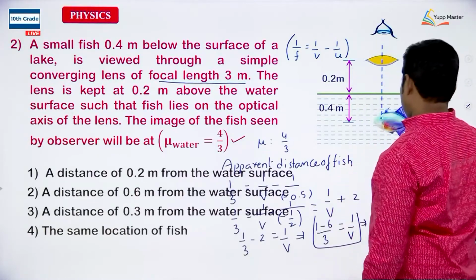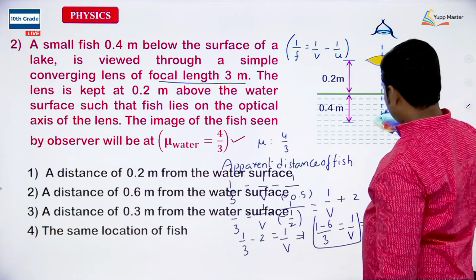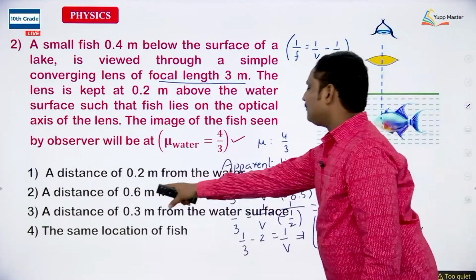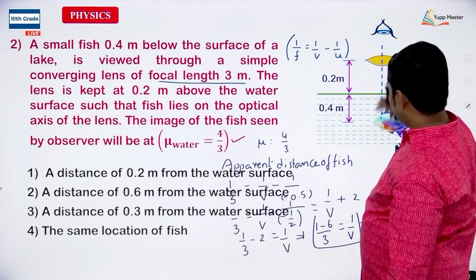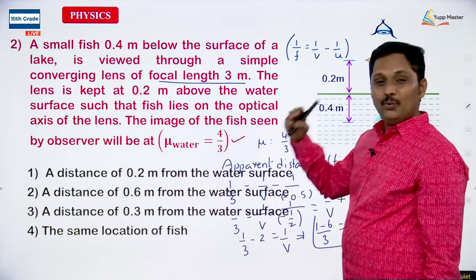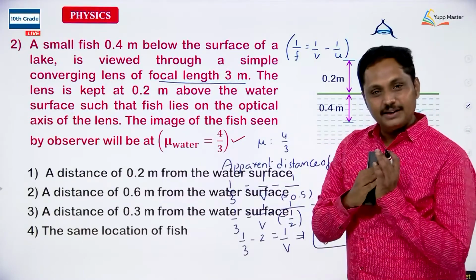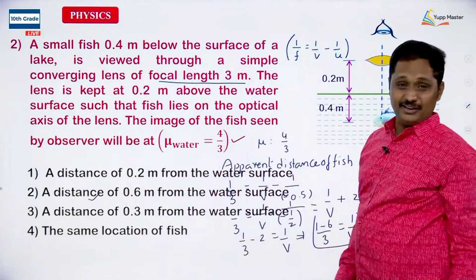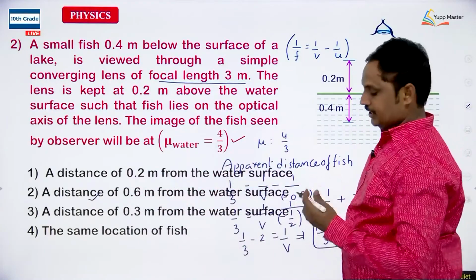So, that sign indicates the same side, just you can confirm. A distance of 0.6 meter from the water surface, it is very clear. So, this is the correct one, the second one is the correct option, it is very clear.